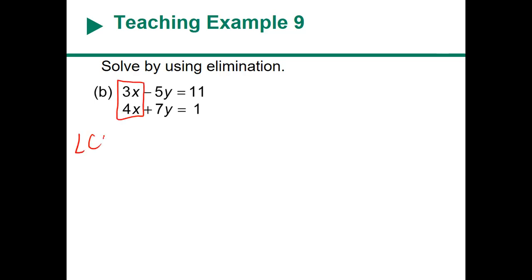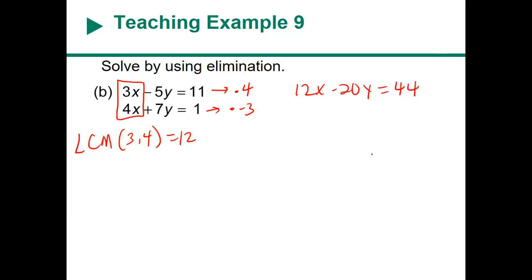So we're going to ask ourselves, what is the least common multiple of 3 and 4? 12. So how can I change 3 into 12? I'm going to multiply everything times 4. How can I change 4 into 12? I'm going to multiply everything by negative 3 because one of them has to be negative. So my new equations are now 12x minus 20y equals 44.